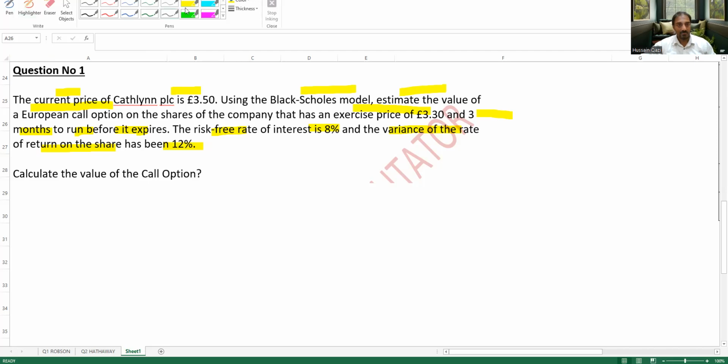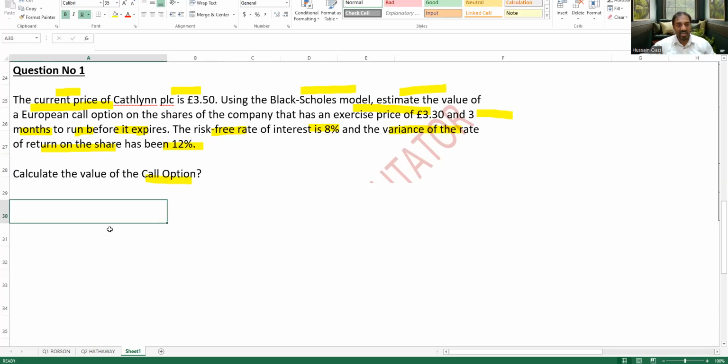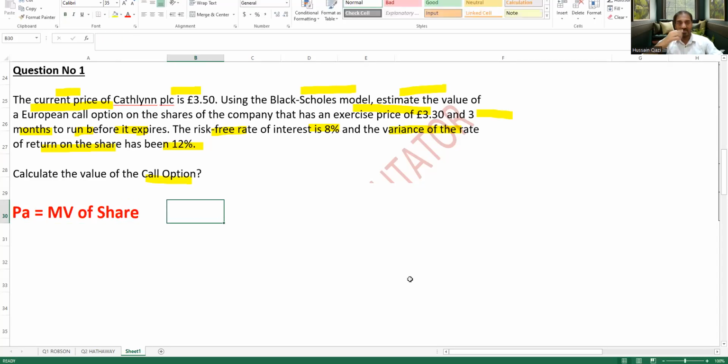Very good. And this is a call option. The very important thing is that, first of all, you have to identify the variables very carefully. Be careful. Number one, PA. PA means market value of share, and that is 3.5.